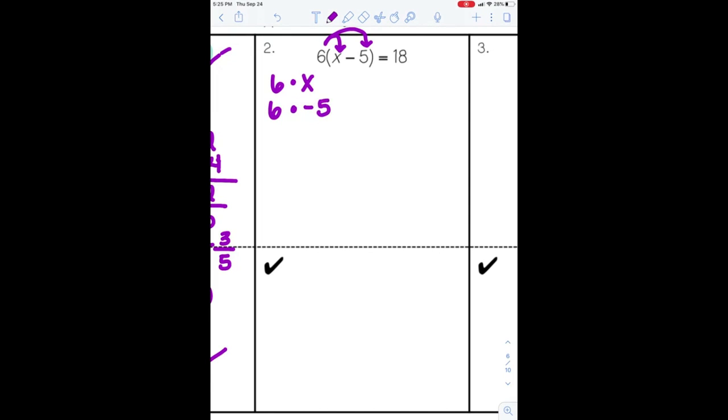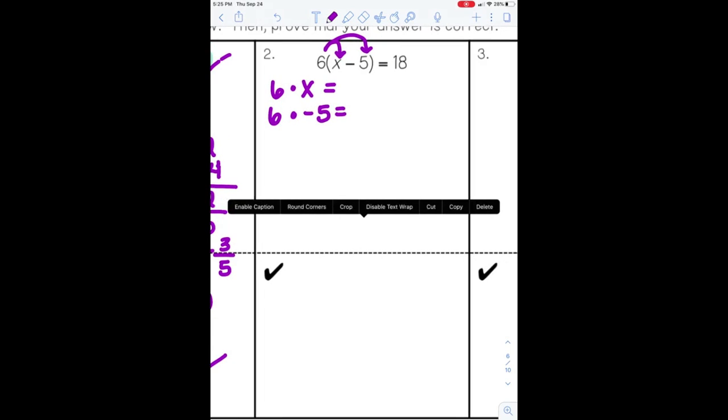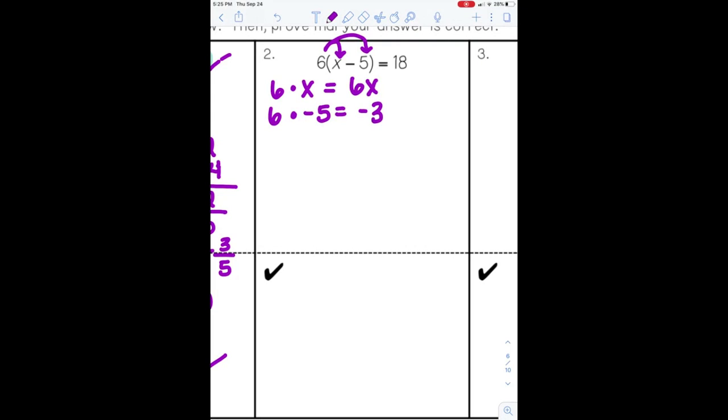So this is going to give me 6x and negative 30, which ultimately is going to give me 6x minus 30 equals 18.